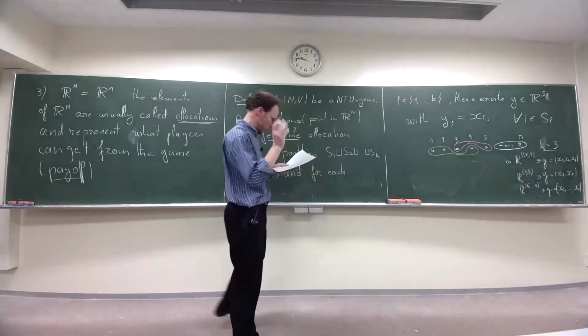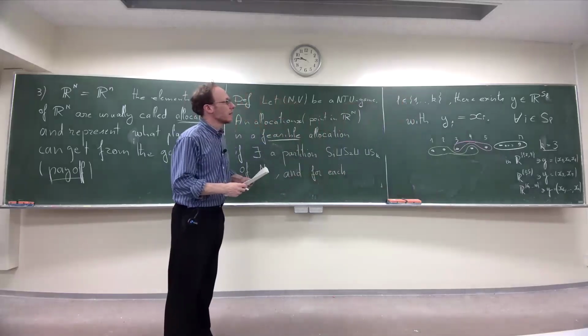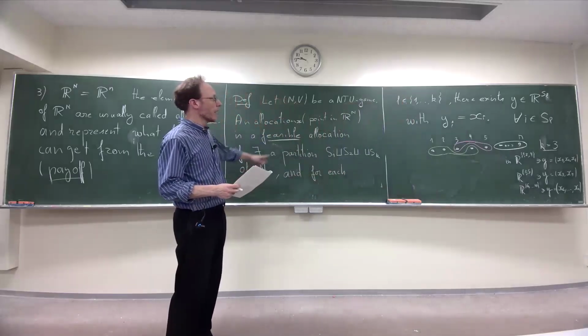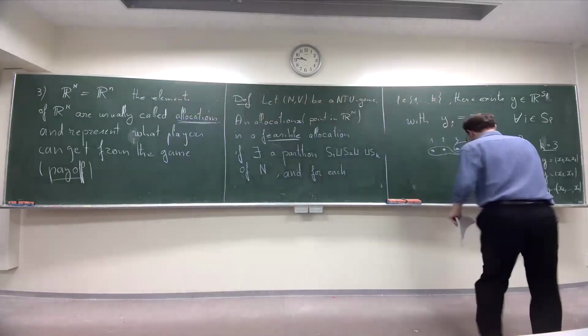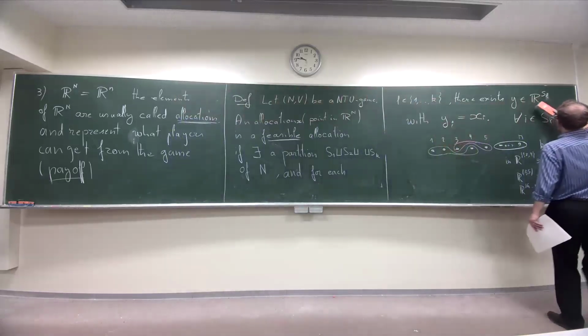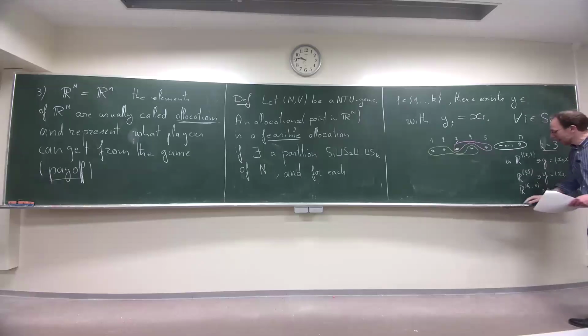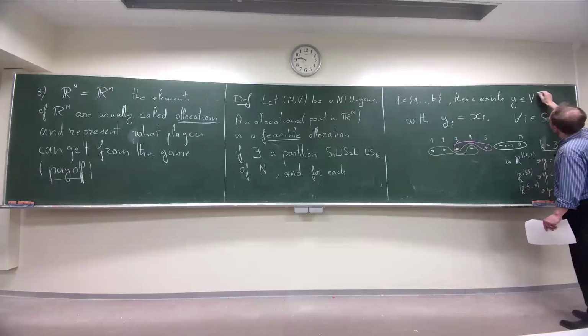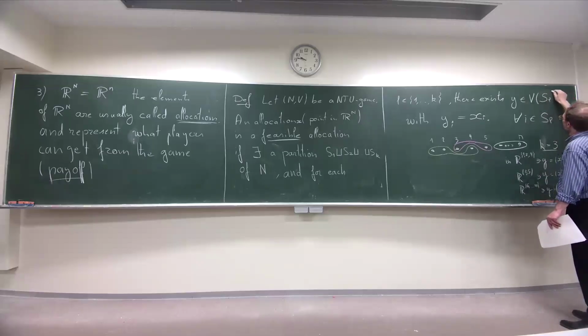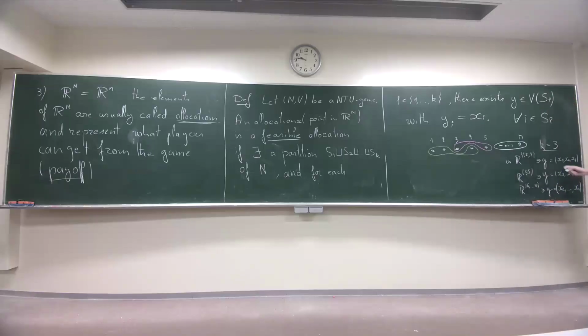No, sorry, there is a small mistake. The y is not in R. Sorry, this is not correct. There would always be one. This would be too easy. You just take the same. So there is a mistake here. It's in V of S_L. So this y, of course, it is in this space, but it has to be more precise.